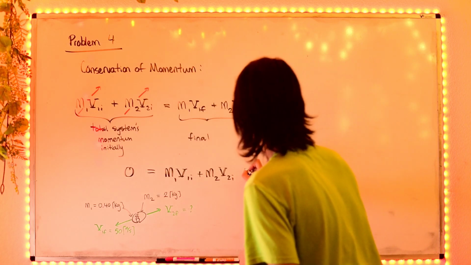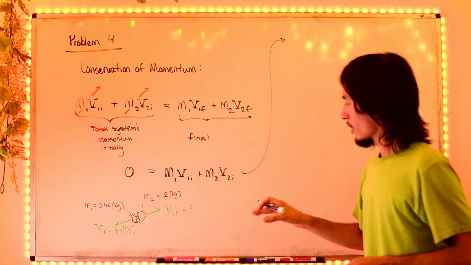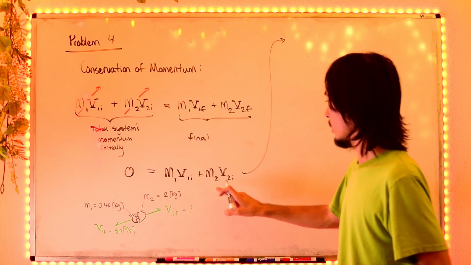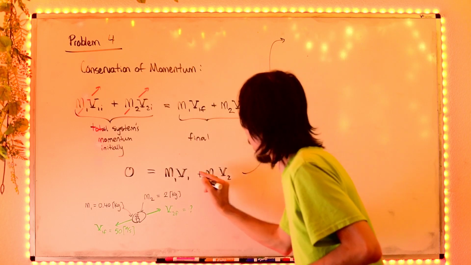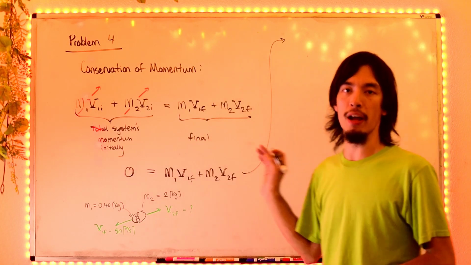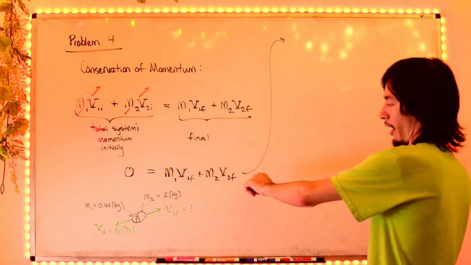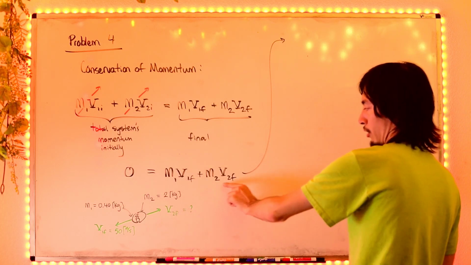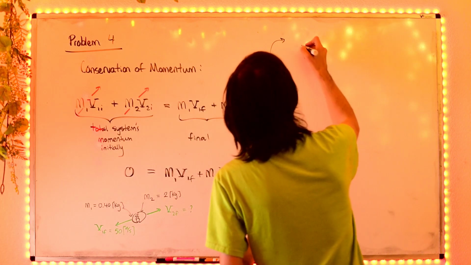So now, we're going to solve for, that should be final, not initial. So the stuff that I wrote so far should be final. I'm going to solve for 2 in this case, so solve for v2 final.